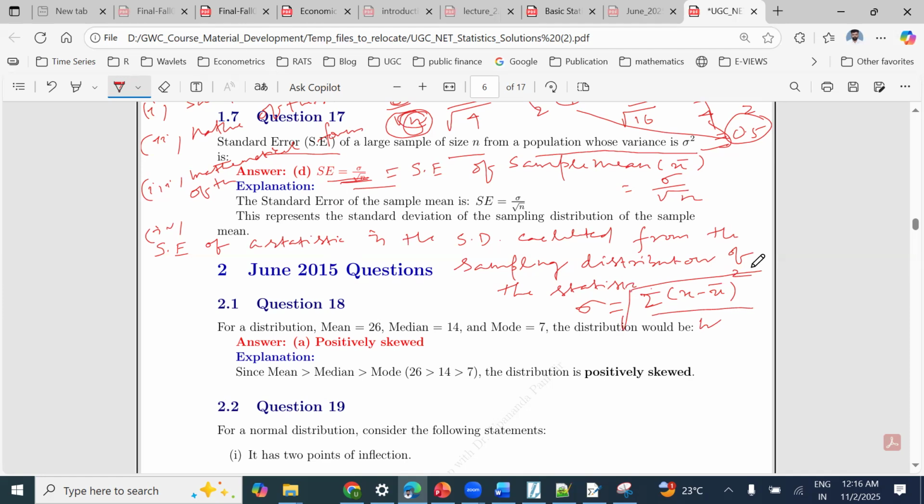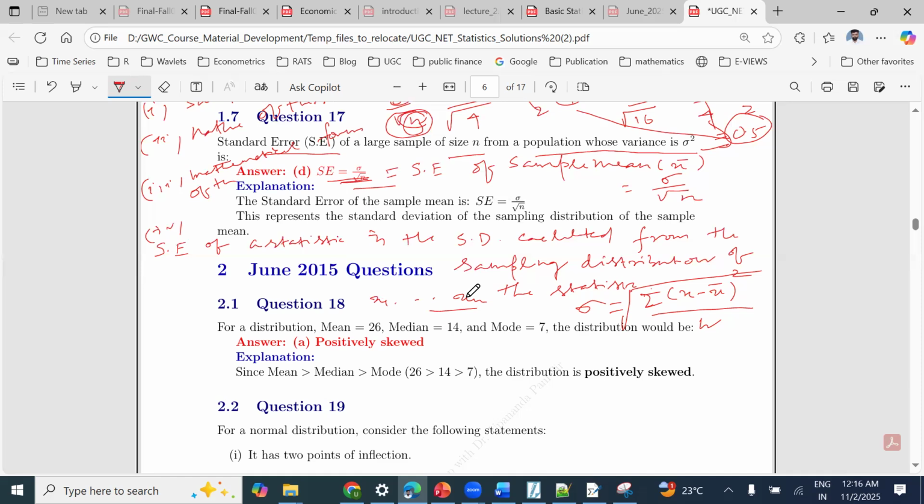Yes, correct. So basically, if you are having x1 to xn, what exactly is standard deviation telling you? It is giving you the idea of the variability or dispersion. But standard error is another statistic which is a measure based on the sample observation.